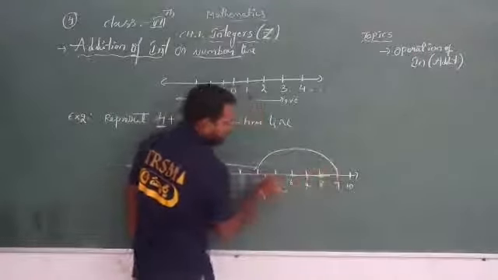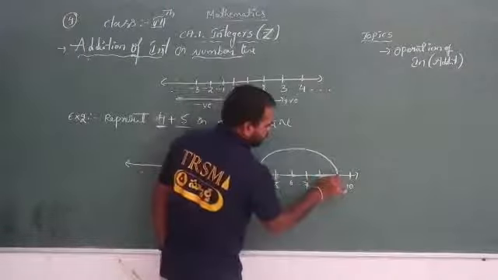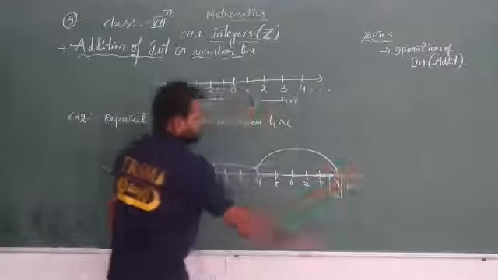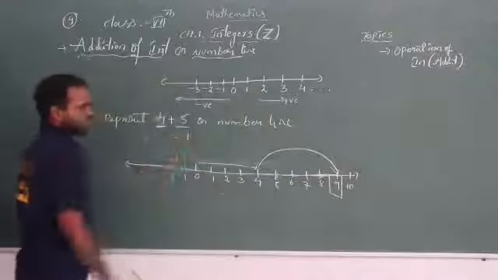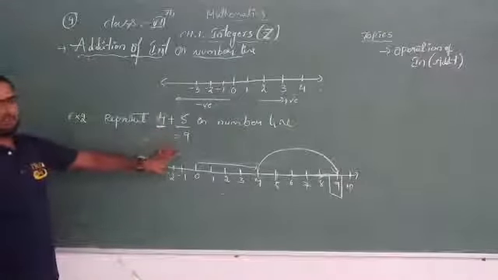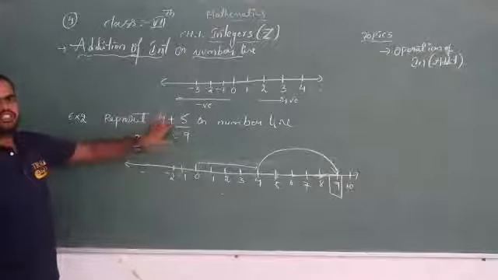So 9 is the answer. 4 plus 5 is 9. Like this, we have to perform the addition of integers on the number line.